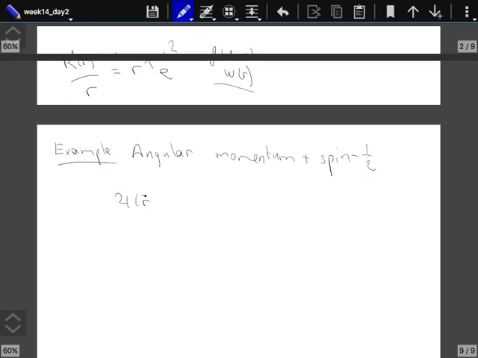We had already seen that for spin 1/2 particles, we can write the wave functions as a two-component spinor. This is the amplitude that it will be in the spin plus state, plus the amplitude that it will be in the spin minus state.